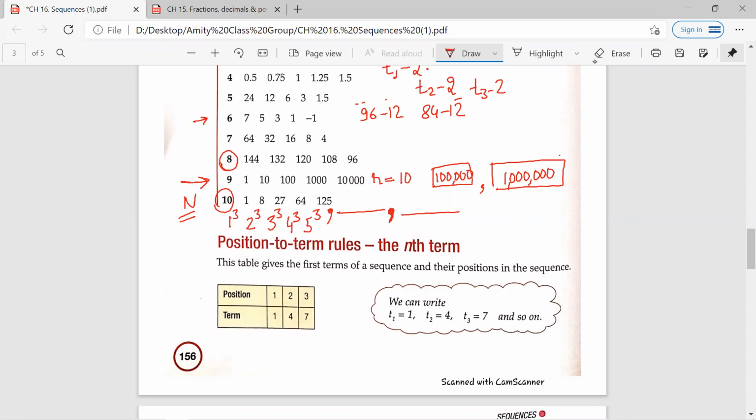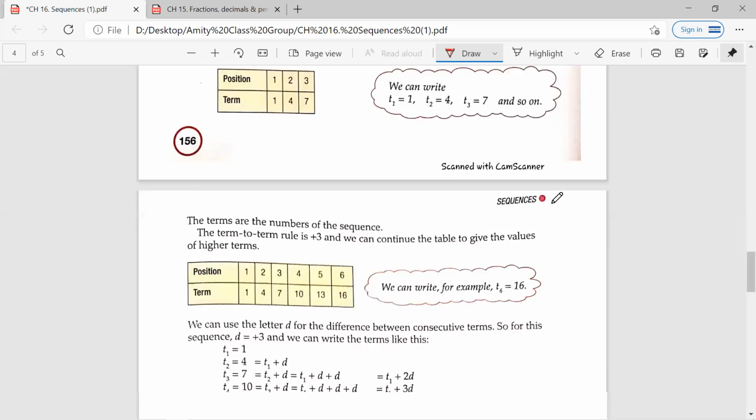So Sanviji, the next term would be 6 cube. So 6 cube is 216. 7 cube is 343. Somaji, any doubt? No, sir.